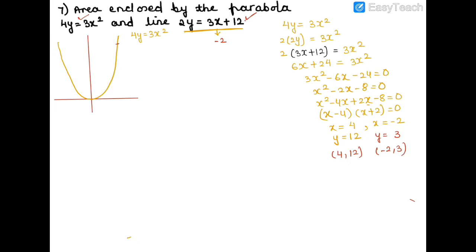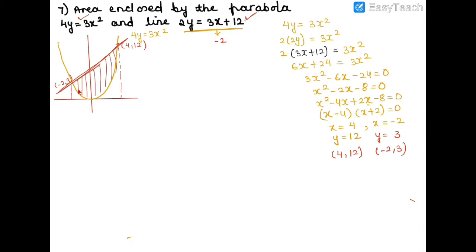So 4, 12 will come somewhere here. I'm dropping it like this, ये perpendicular drop किया, और minus 2, 3 कहीं तो भी इधर आएगा, which means ये line कैसे जा रही है? ऐसे जा रही है. And I require this area.